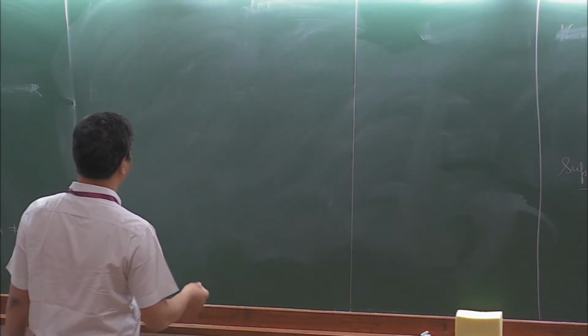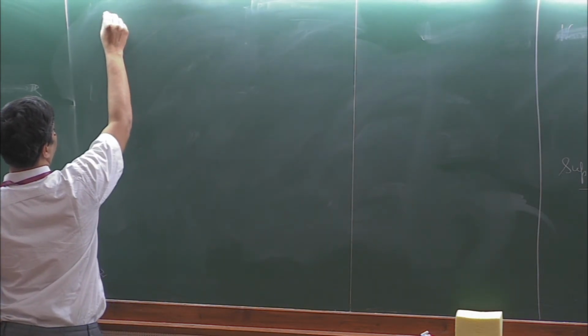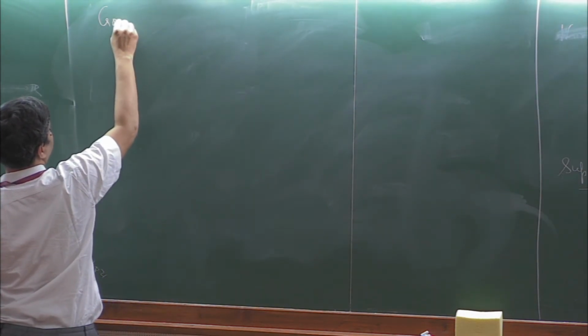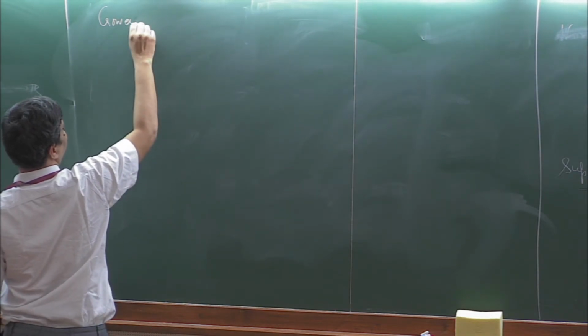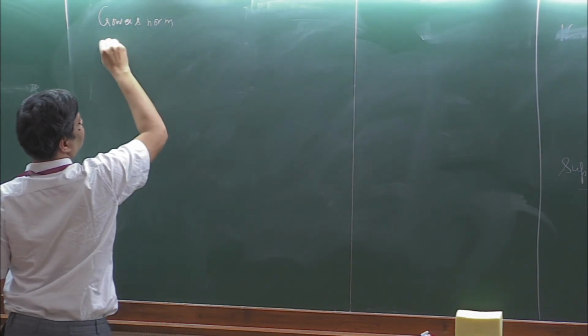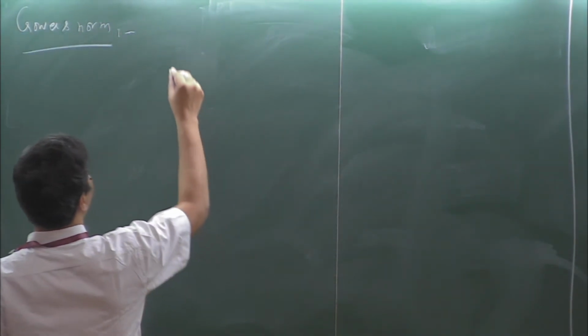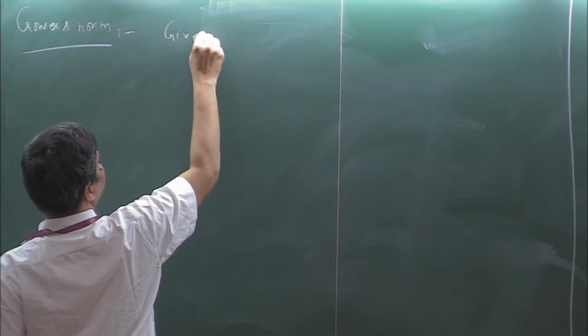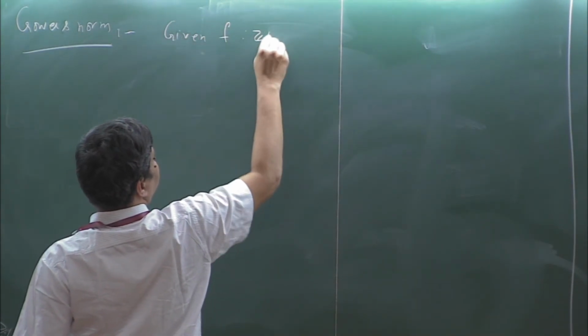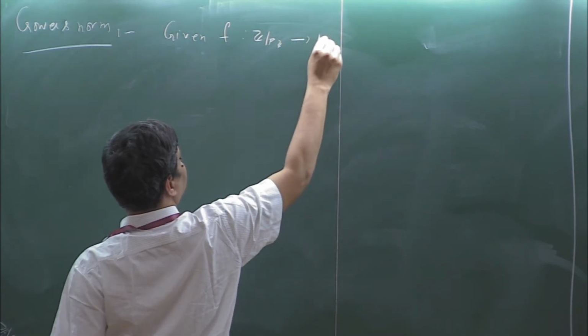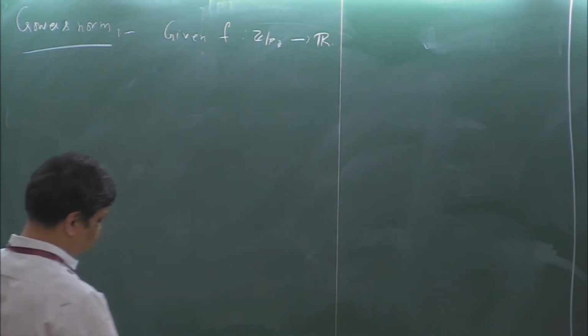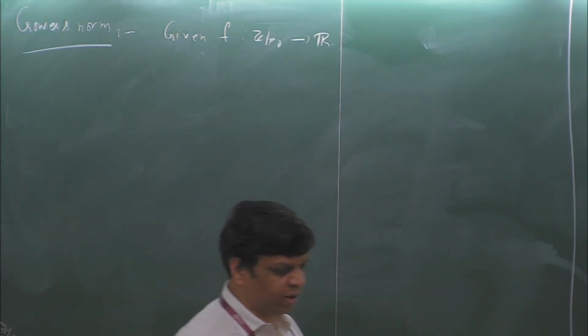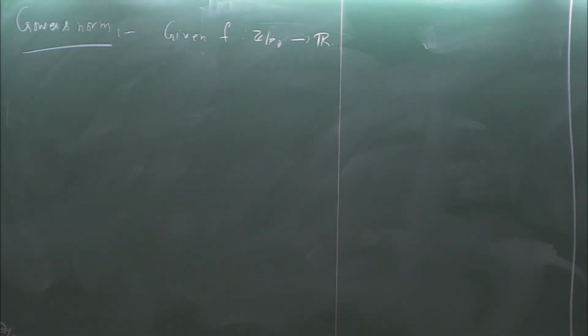Before proving this control lemma, let me now define this definition of Gowers norm, which I have postponed for too long. You don't need to assume that the functions are real valued, but I am just defining it for real valued functions; it is not particularly more complicated.